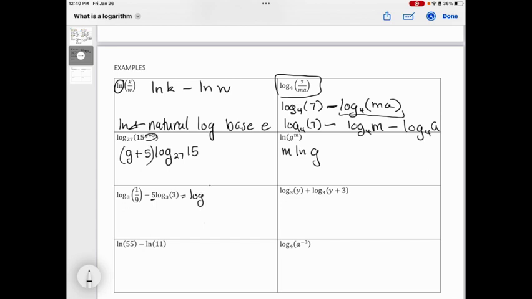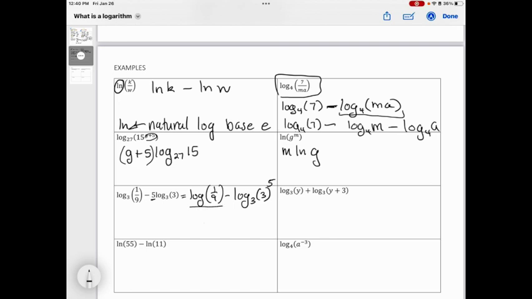So you want to first rewrite this as log of 1/9 minus log base 3 of 3, and then I would bring that 5 that's in front of the log back up as the exponent. Now we have no coefficients in front, and we have two logs that are being subtracted.